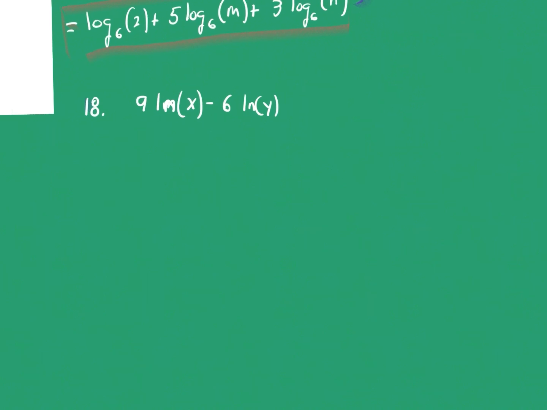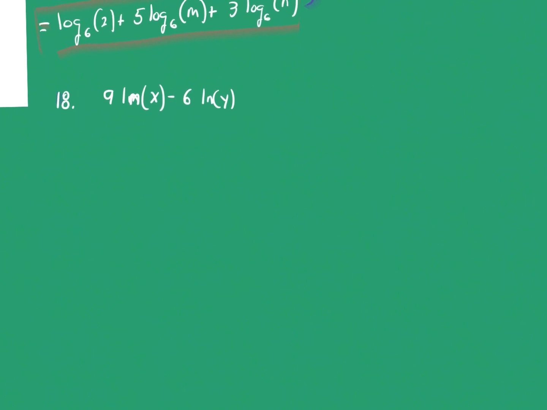Well, you won't usually do this. I'm just going to write this out. I just want to show you something real quick. This is the same thing as saying 9 log e of x minus 6 log e of y. And I just want to point this out because we don't usually write logs with the base of Euler's number, or base e, this way.